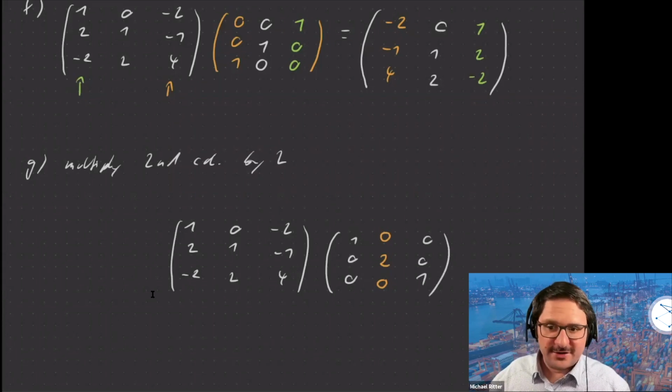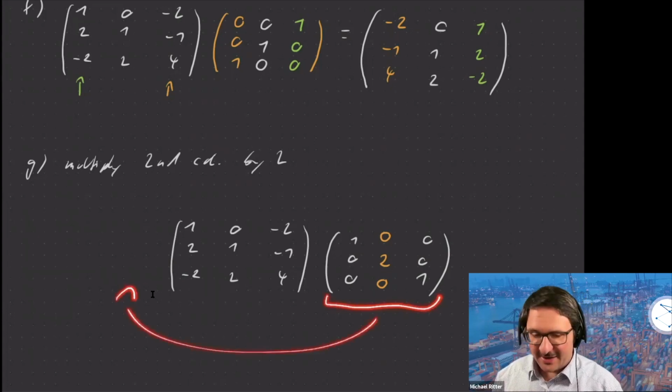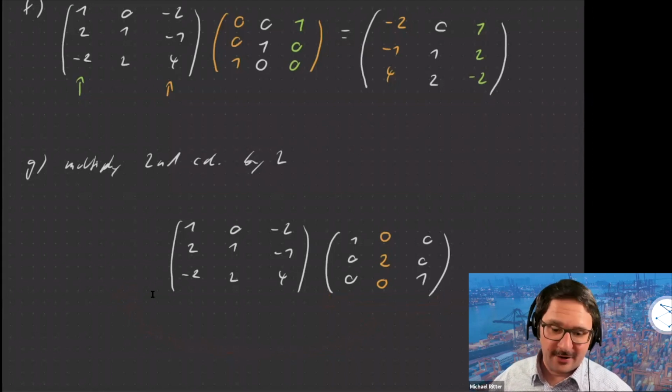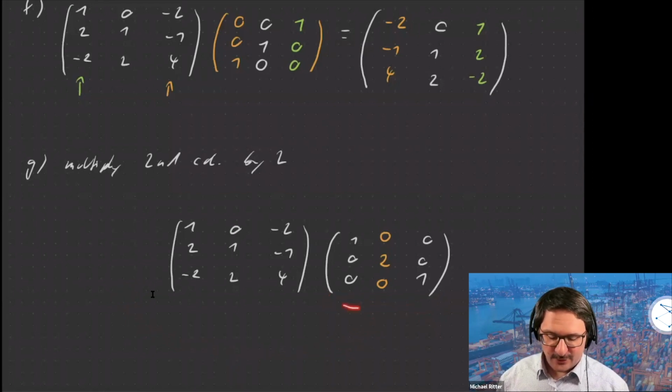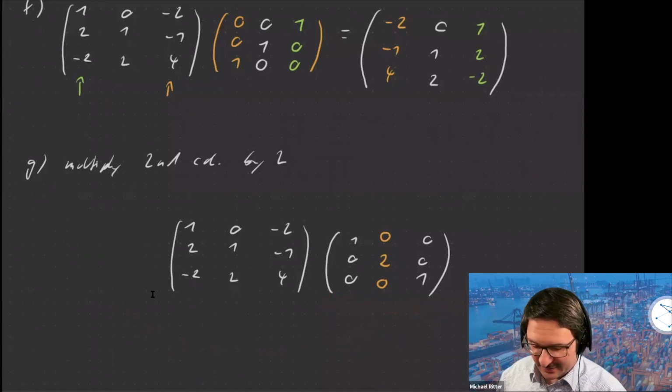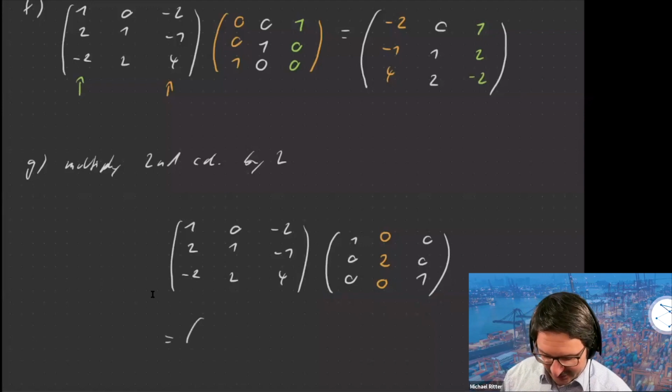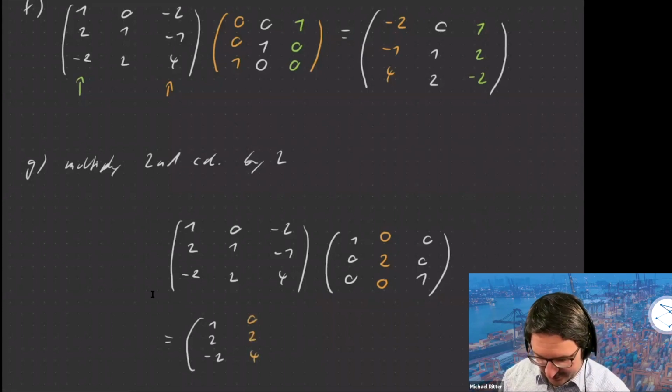And of course, you notice that this is exactly the same matrix that we used for multiplying the second row by 2. The difference is that we now have to multiply from the right. If you use this matrix, multiply from the left, then it works on rows. If you multiply from the right, then it works on columns.